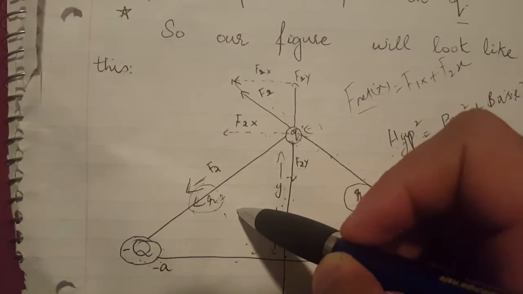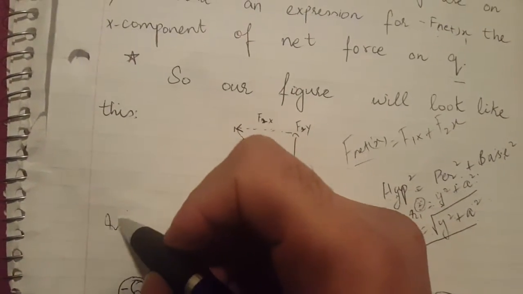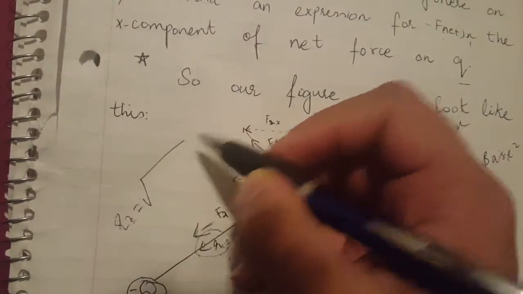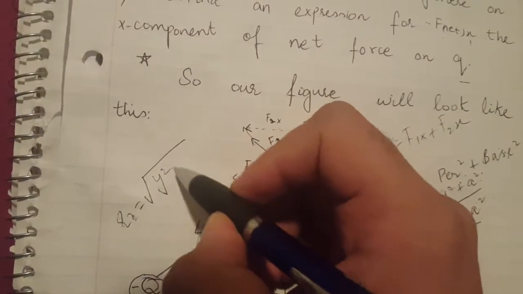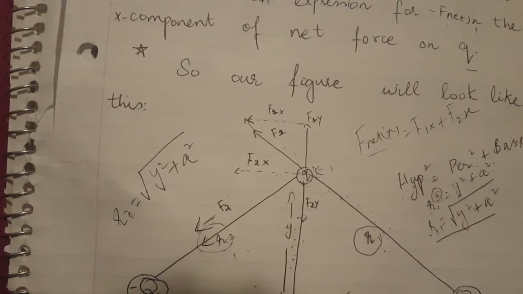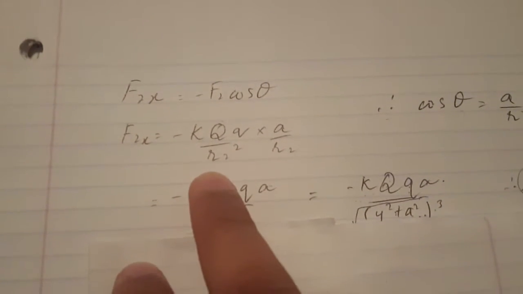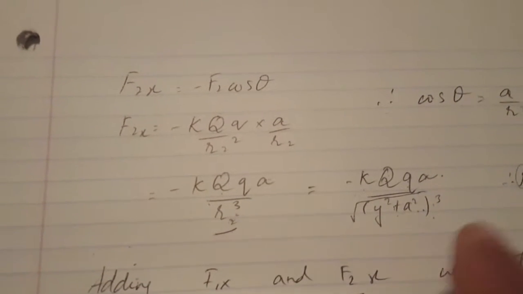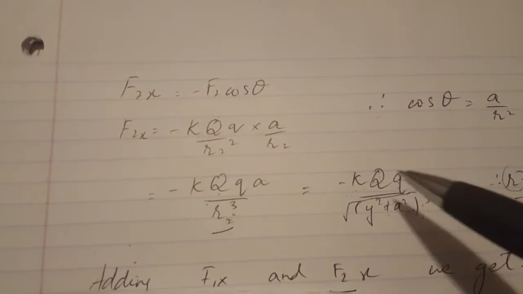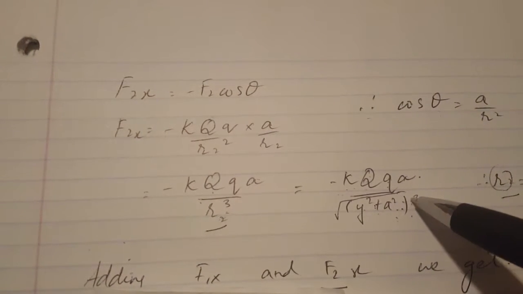So let's cut to the chase, and we'll have R2 equal to the square root of y squared plus a squared. Let's get back to our math work. Putting the value of R2 in this equation, we get F2x equal to negative k capital Q small q a over y squared plus a squared, to the power three halves.